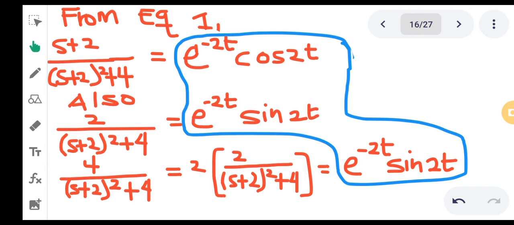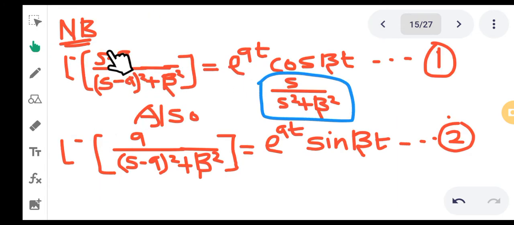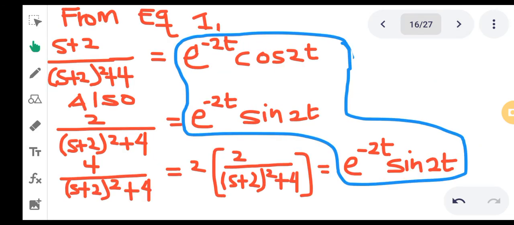So from equation 1, we've already known that whenever we have something like this, we are going to get this. So if this becomes positive, it means my e here will become negative. So here, s plus 2 over s plus 2 all square plus 4, we are going to get e exponent minus a t.